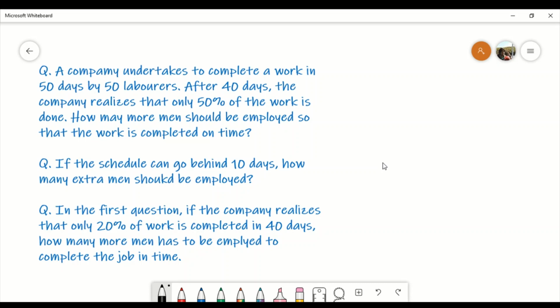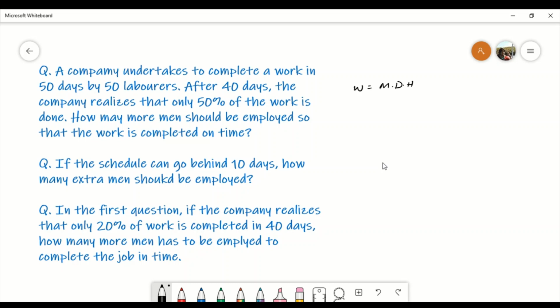But since they have a contract, they have to complete the work on time. So how many more men do they have to employ, right? So again we can apply the work-time constancy or work-time equivalence here.